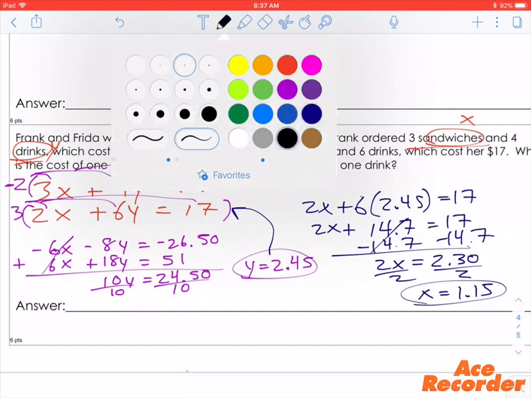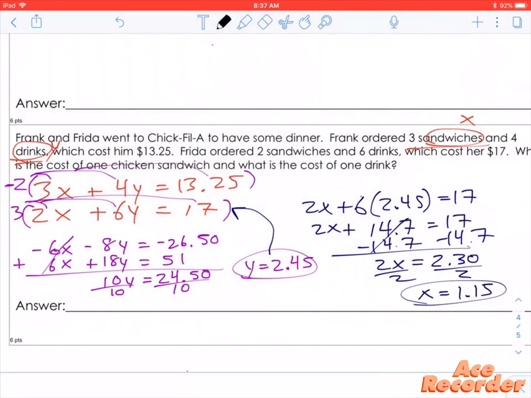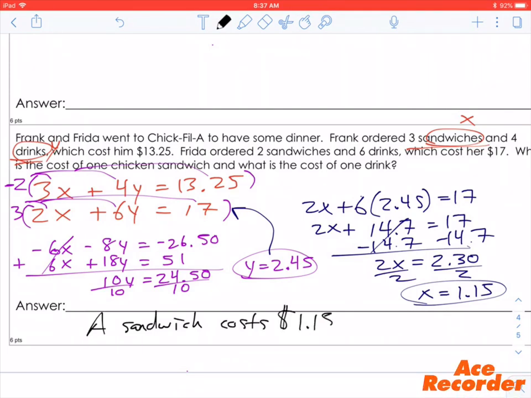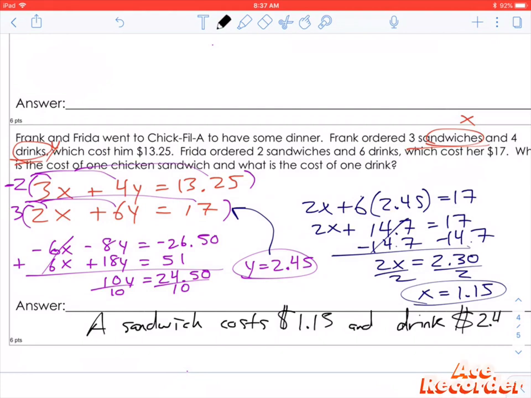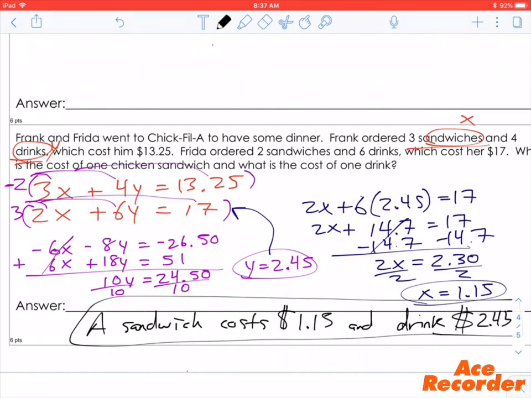Final answer is, what's the cost of each? So a sandwich costs $1.15 and a drink costs $2.45, which makes no sense, but that's what the answer is.